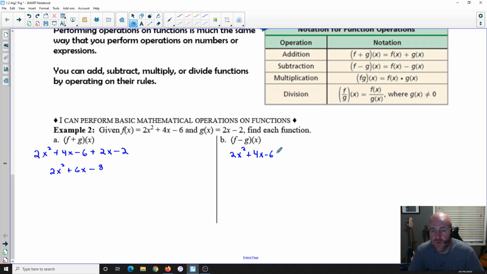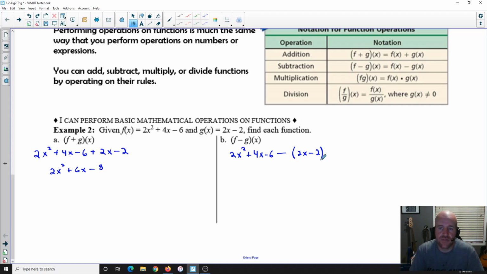Now I am subtracting g, so I'm going to subtract. So you can do one of two things here. When you subtract a function, you can change all of the signs of that second function and just write them. What I'm going to do is, just so everybody's on the same page, I'm going to put the second function in parentheses. So 2x minus 2 will go inside.